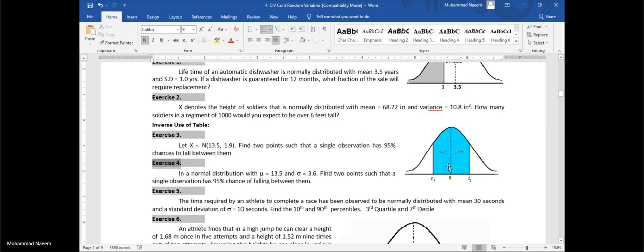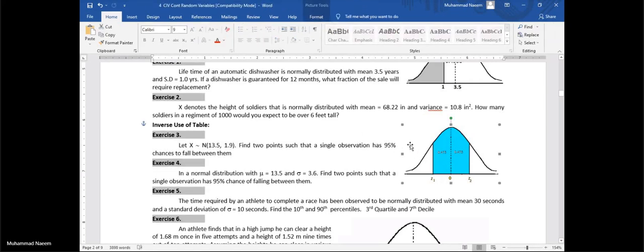We need to find out the 2 points that a single observation has 95% chances to fall between them. So we need 2 points which are covering 95% of the data, which are covering 95% of the area. 95% means 0.95.